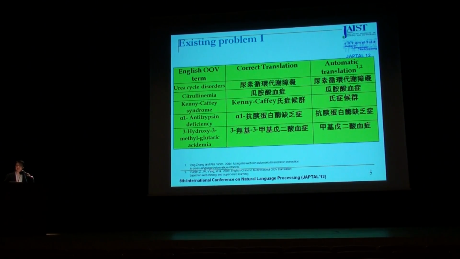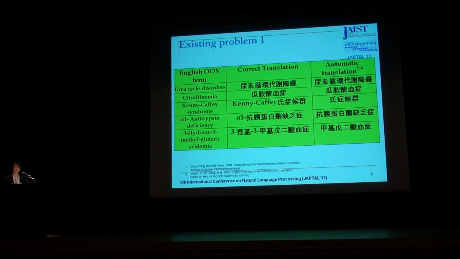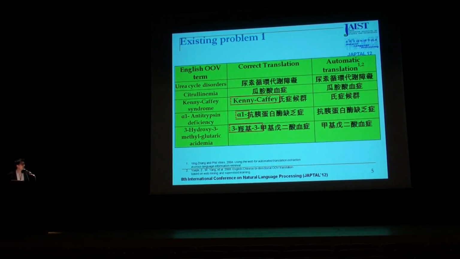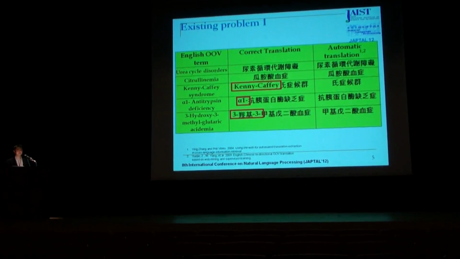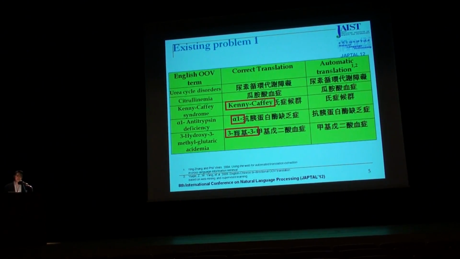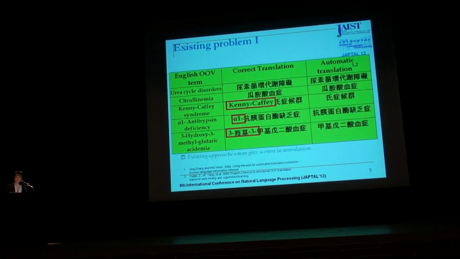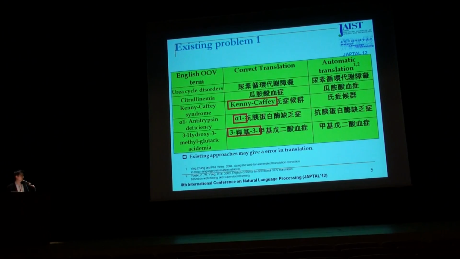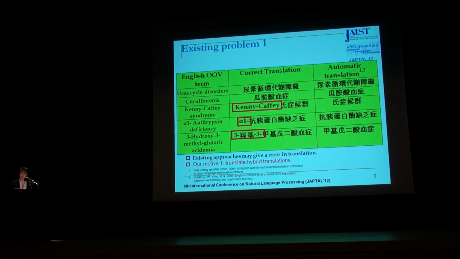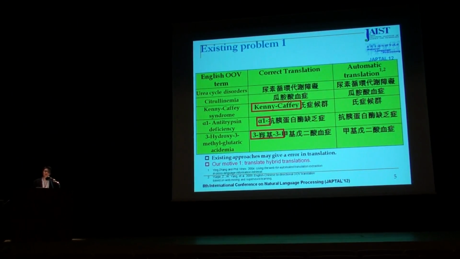It is so far the most cited work for OOV term translation, especially from English to Chinese. And we can see that the existing system tends to ignore the hyper translation, the part that is not Chinese characters. So we conclude that the existing approach may give an error in translation. And our motivation one is that we will try to handle the hyper translations.